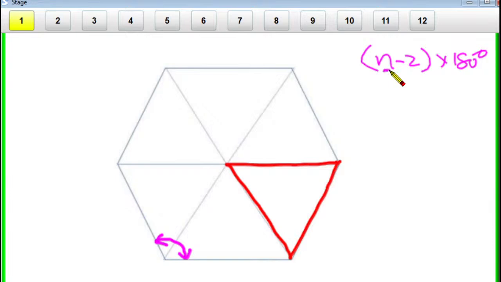So if you now take the hexagon, it's got 6 sides, 6 minus 2 is 4, and 4 times 180 degrees will then give you, I think it's 720 if I'm not mistaken. And then if you divide that by 6, this should actually give you 120 degrees.